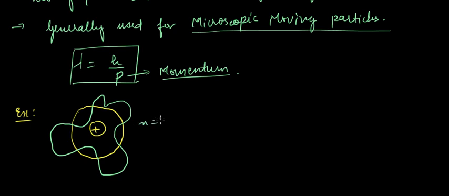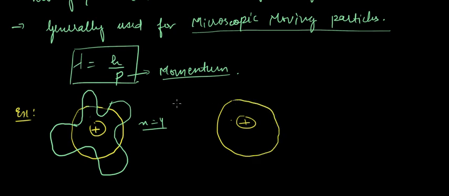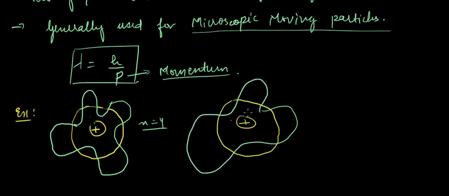So this is for n equals 4, and for n equals 3 it would be, so let me draw it clearly. For n equals 4 it would be something like this. Okay, and for n equals 3 it would be something like this.